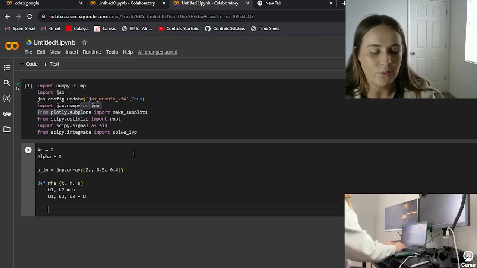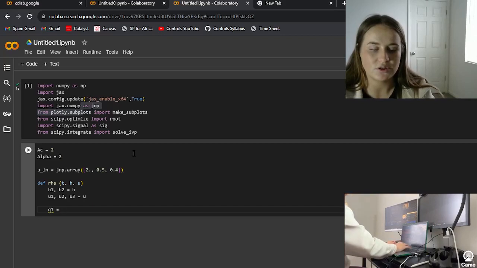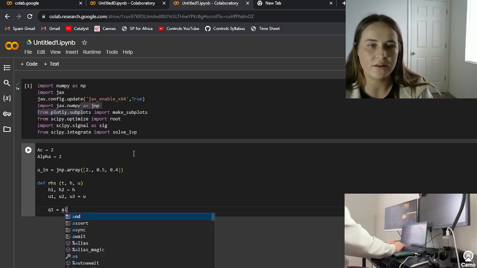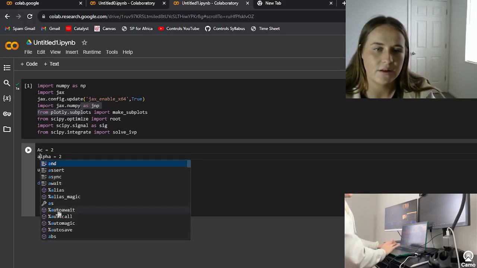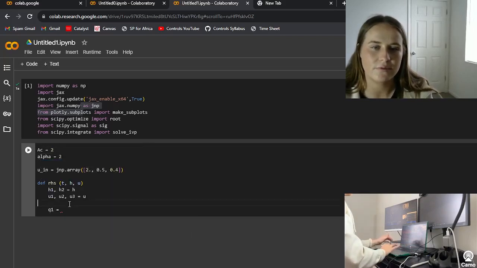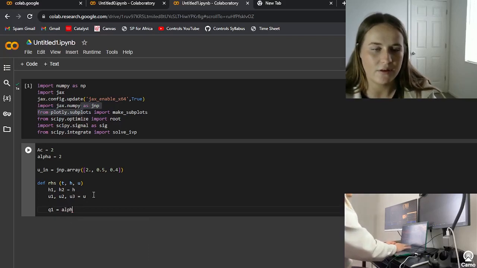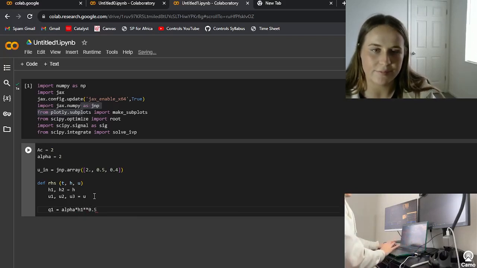So Q1 is just equal to alpha times H1 times the square root of 0.5.